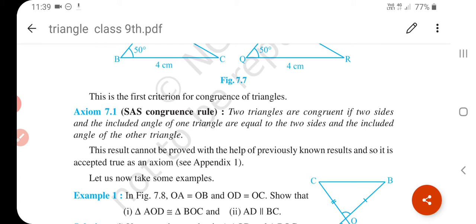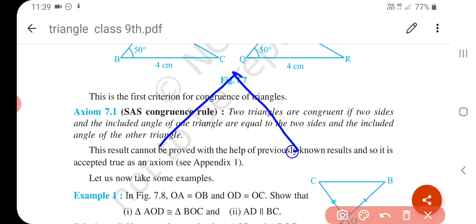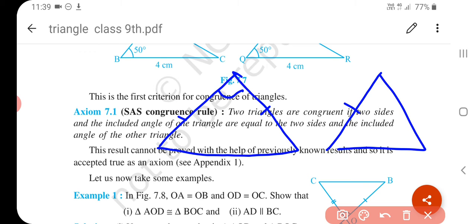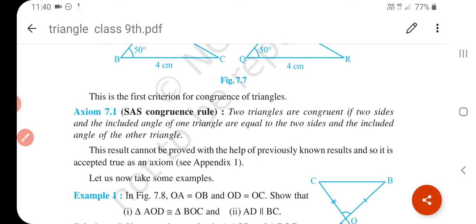Side angle side means these two sides and this angle. You can talk about it this way: these two sides and this angle, meaning two sides and the corresponding included angle. Understand, that is called SAS, the side angle side congruence rule.